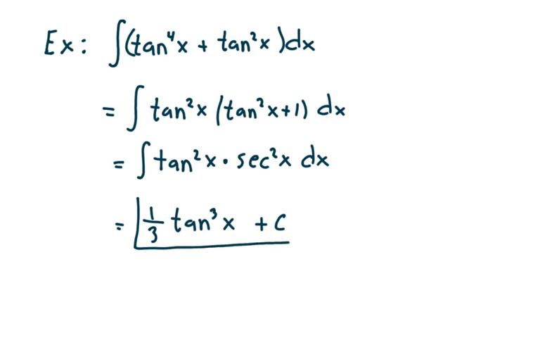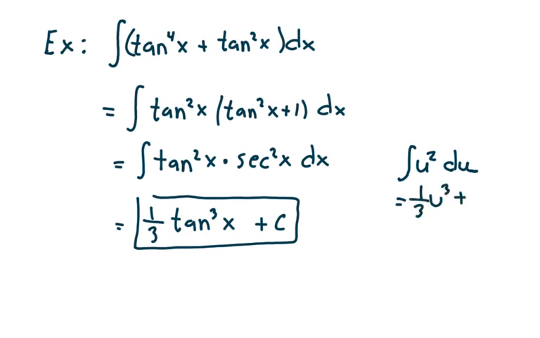So keep in mind, remember that the derivative of tangent x is secant squared x. So I'm already thinking that this is the integral of u squared du, right, which is 1/3 u cubed plus c.